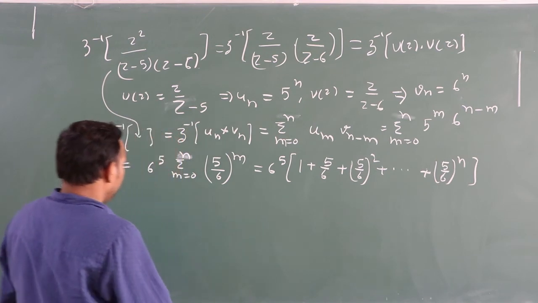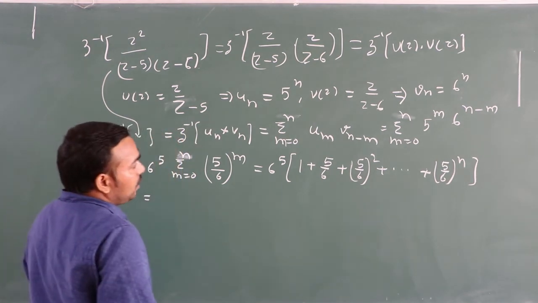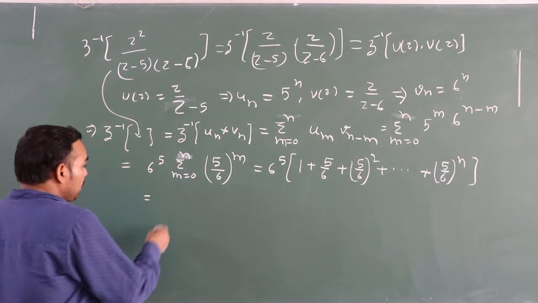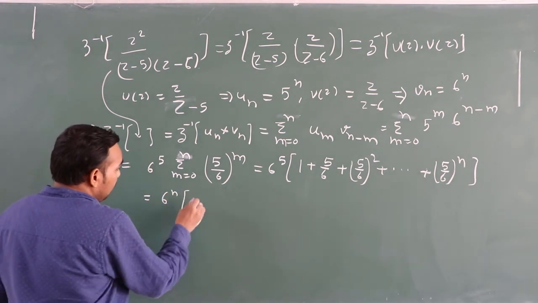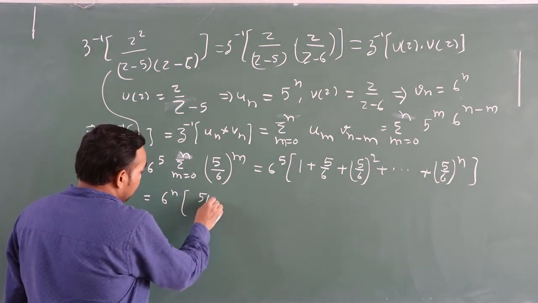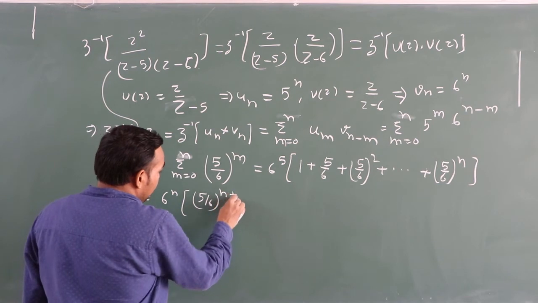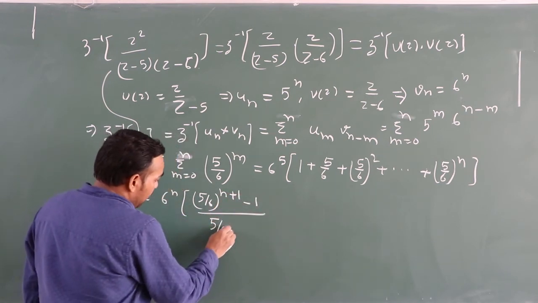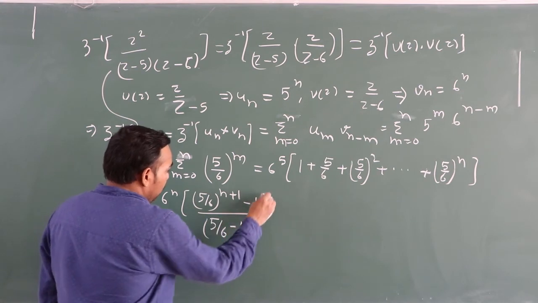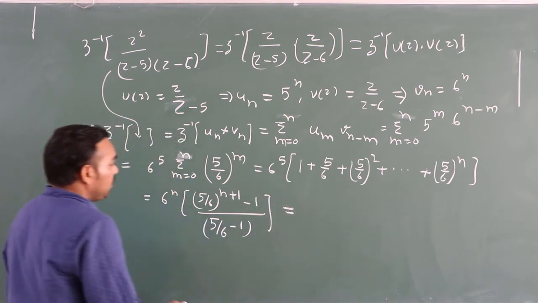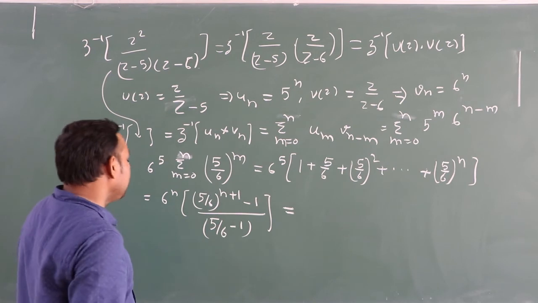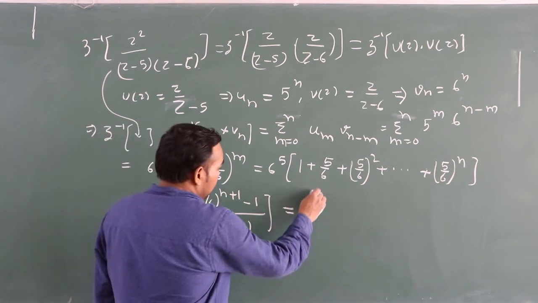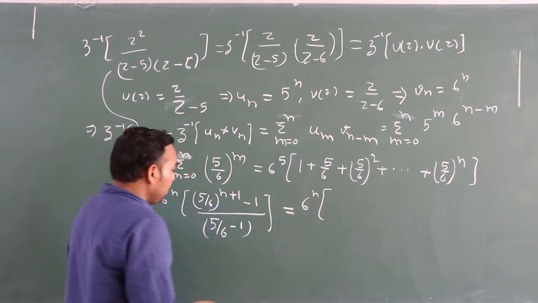Here you know the number of terms is n plus 1, so the sum of this series is ((5 upon 6) to the power n plus 1, minus 1) upon (5 upon 6 minus 1), times 6 to the power n.